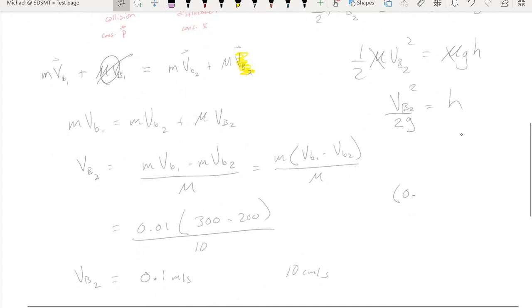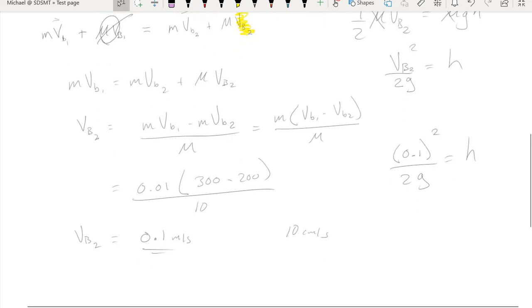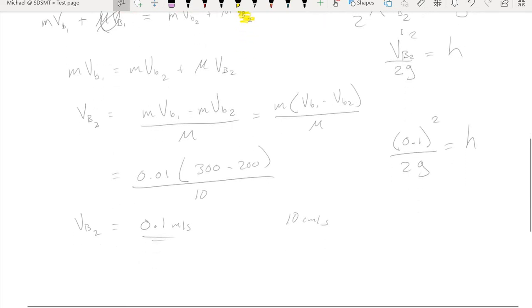We had 0.1, that was the velocity, squared over 2g. So this height is not going to come out to be very, very large. We have to square what we have, then divide by 2, then divide by 9.81. And so, not very dramatic.